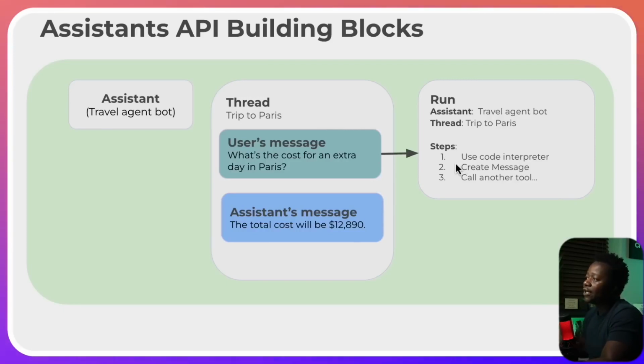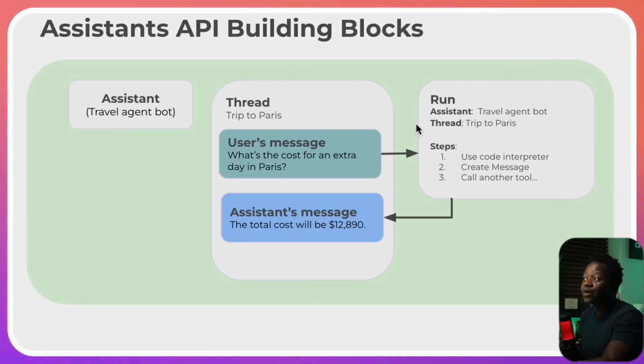Steps. Number one, use code interpreter if that's what needed to calculate things. And then it's going to go ahead and create a message. And if need be, this is the beauty, it's going to be able to go and call any other tool that may be needed in order to get the correct response. And the response is going to be as a message, which is going to be returned back again to our thread. Does it make sense?